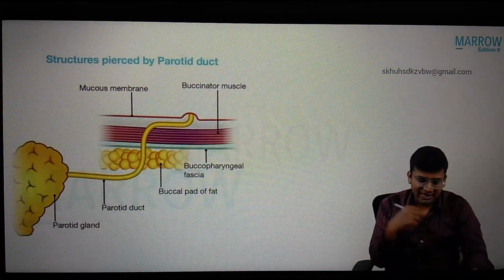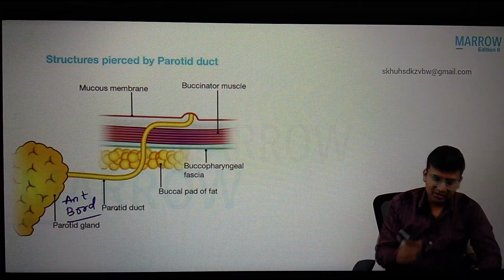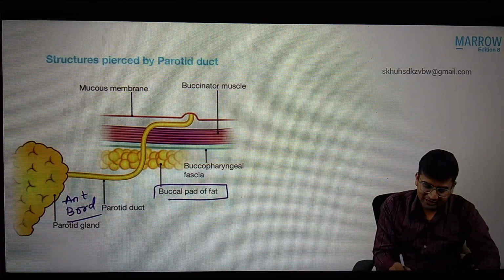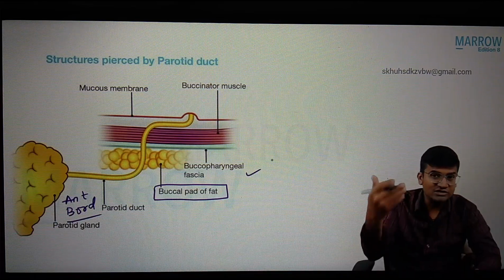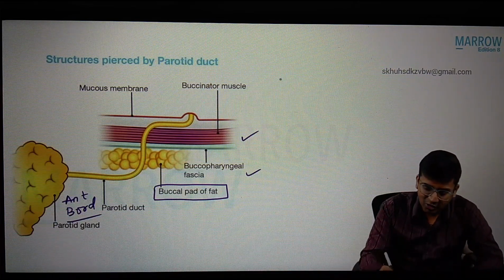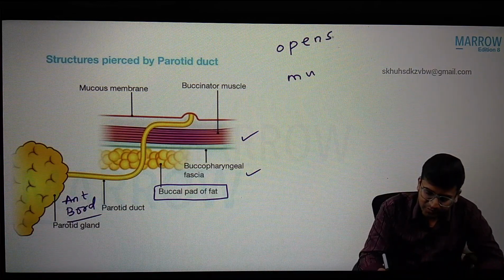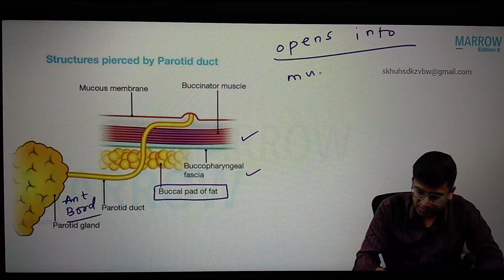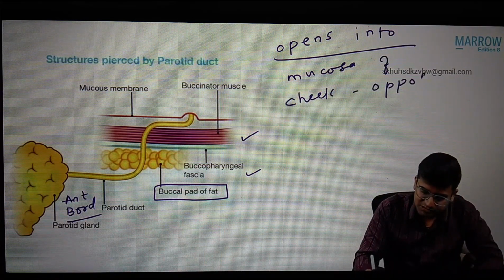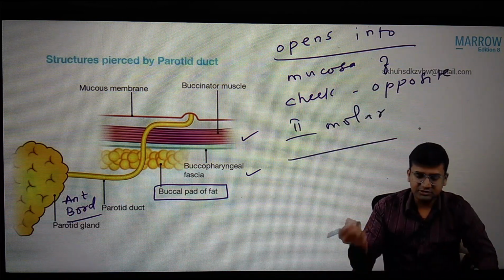After emerging from the anterior border of the parotid gland, the Stenson's duct pierces the buccal pad of fat, then the buccopharyngeal fascia, and then the buccinator muscle, and finally the parotid duct opens into the mucosa of the cheek opposite to the second molar tooth.